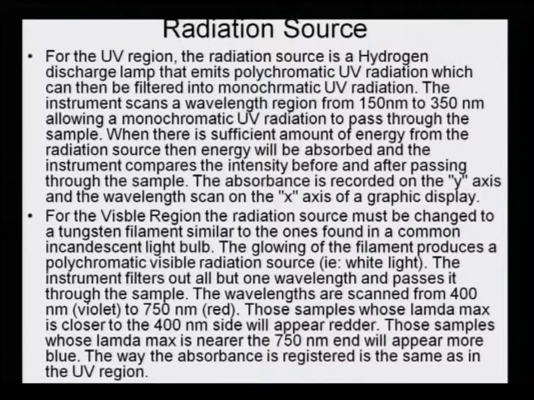When there is sufficient energy from the radiation source, energy will be absorbed, and the instrument compares the intensity before and after passing through the sample. The absorbance is recorded on the y axis and the wavelength scan is taken on the x axis of the graphic display. So, in a UV or visible spectrum, the x axis is the wavelength scan, expressed in nanometers, and the y axis shows the absorbance.